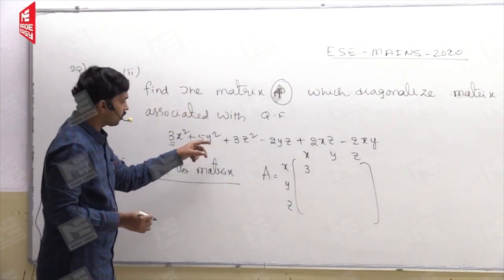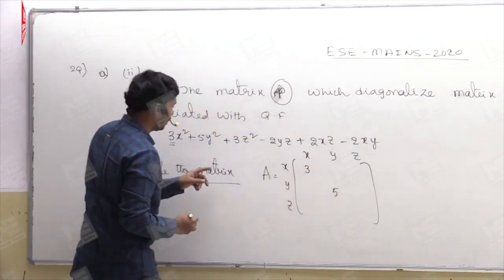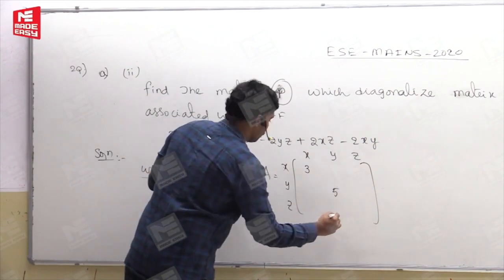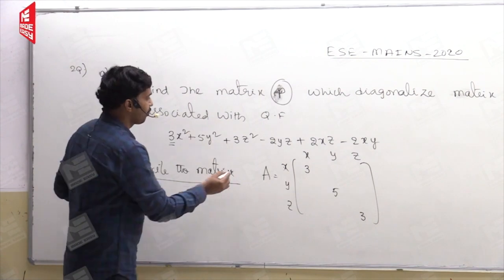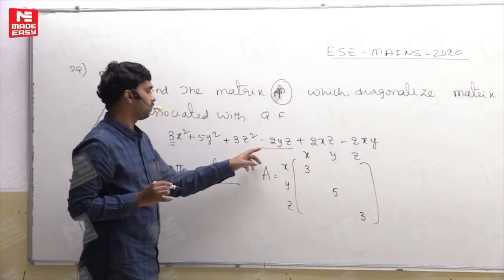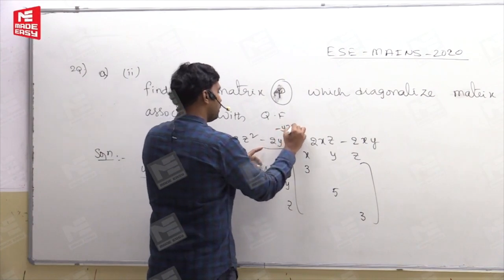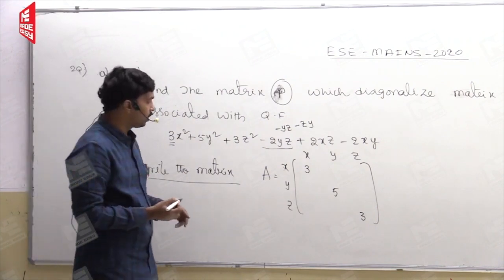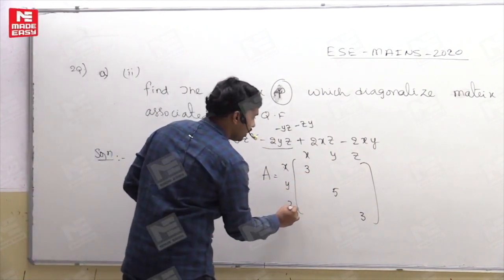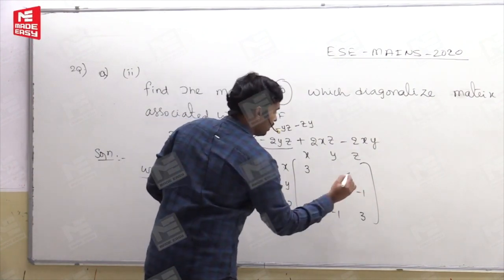And now y square. So here y into y is y square, and the coefficient is 5 here. z into z, the z square coefficient, is 3 here. Next, coming to minus 2yz, we can understand it as minus yz minus zy. So for yz it is taken as minus 1, and for zy it is taken as minus 1.